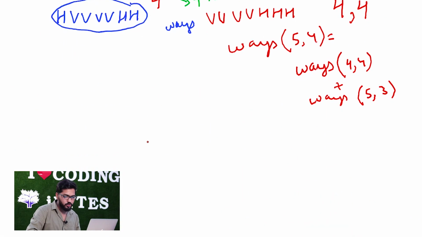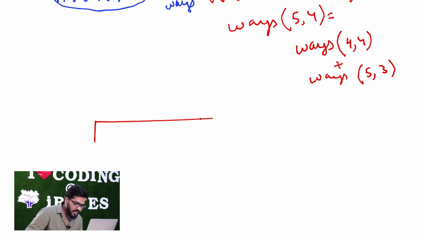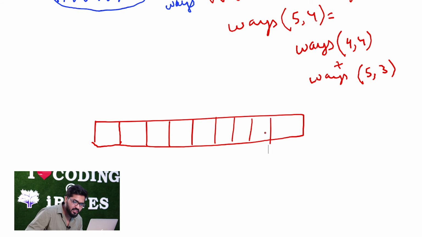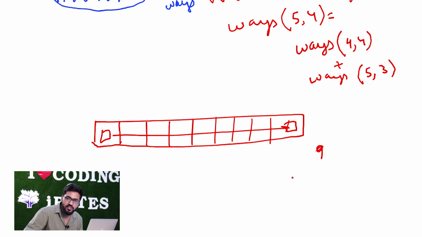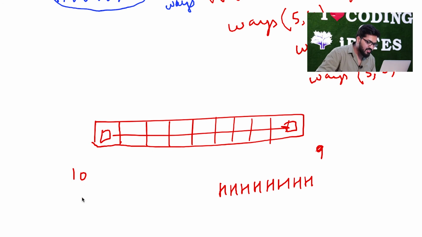If we have one row and any number of columns, let's say there are 9 columns, and I have to start from here and reach till here, obviously I will have to take horizontal 8 times. So it should be h, h, h, h, h, h, h, h. If it is 10 columns, I will have to take 9 h's.